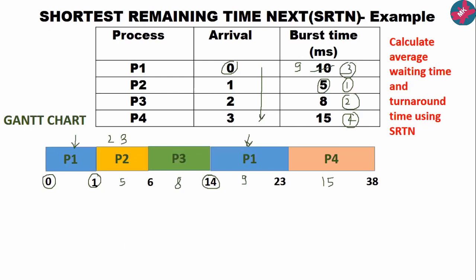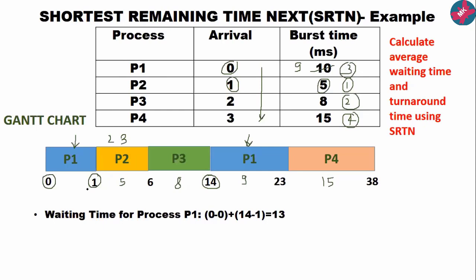And at what time had the system given up the CPU? At 1, isn't it? So it will be 14 minus 1. So waiting time for process P1 will be 0 minus 0 for the first, and for the second time it will be 14 minus 1.